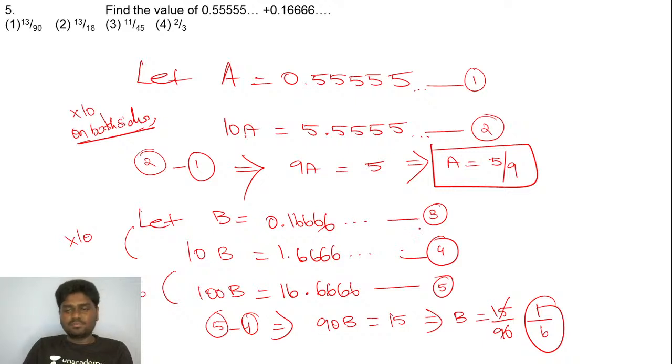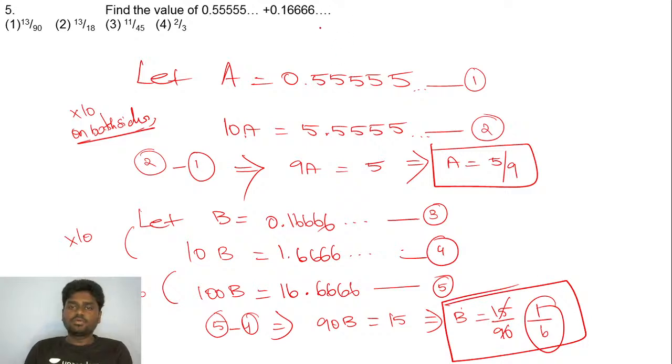See, you can simply do 4 minus 3 also. You can better not extend it, but anyway, not a problem here. So we have got the value of A to be 5 by 9 and B to be 1 by 6. What you need to simply do is A plus B. So 5 by 9 plus 1 by 6. The LCM is absolutely 36.